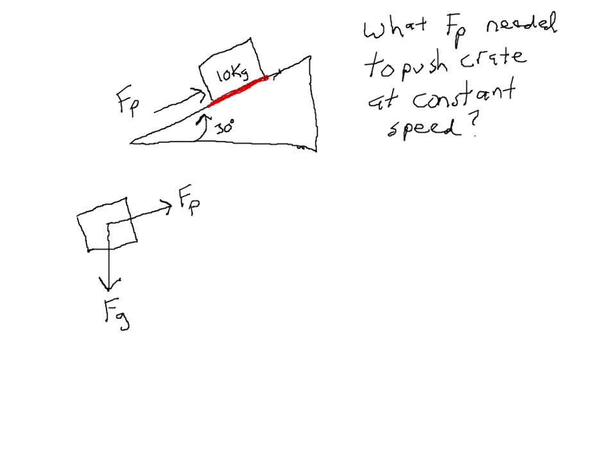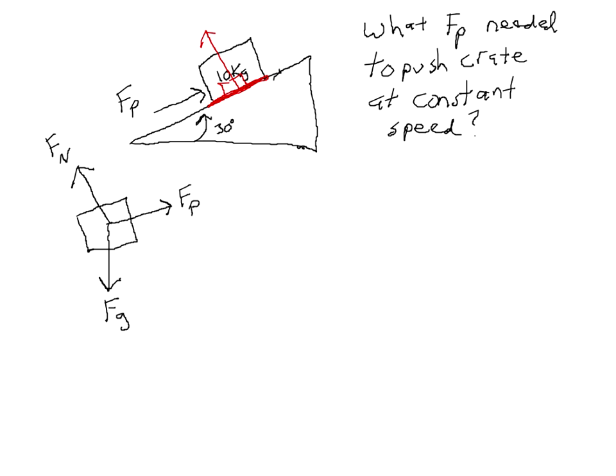So if there's a force that's perpendicular to that, it's going to go up like that. All right, so that this and this are both right angles. So my normal force is going to be up like that. And those are the only forces that are acting on the crate, since we don't have any friction.